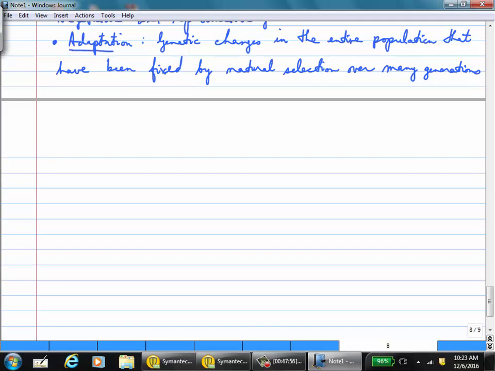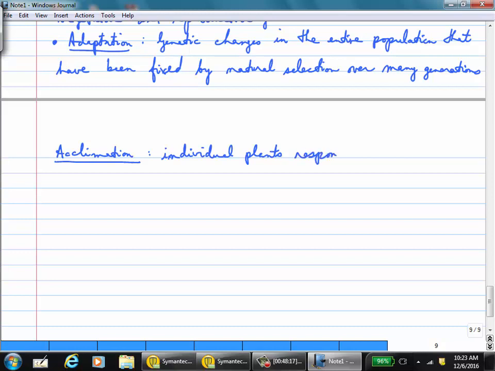And acclimation is basically individual plants. It's not the entire population, so it's individual plants responding to periodic changes in environment.